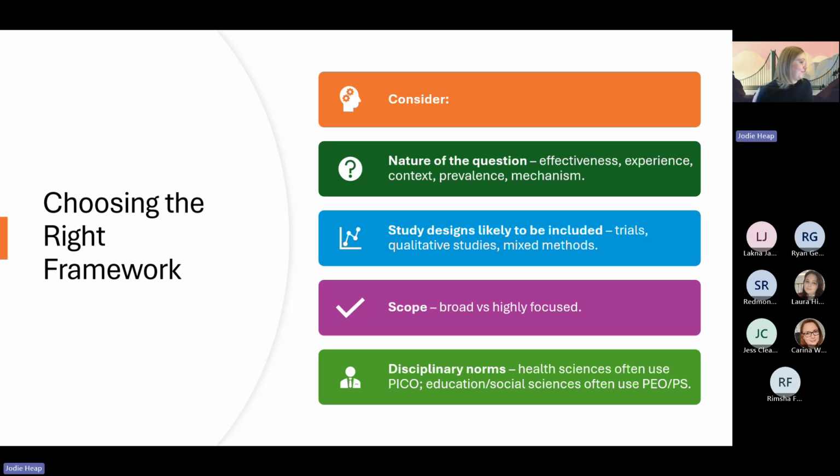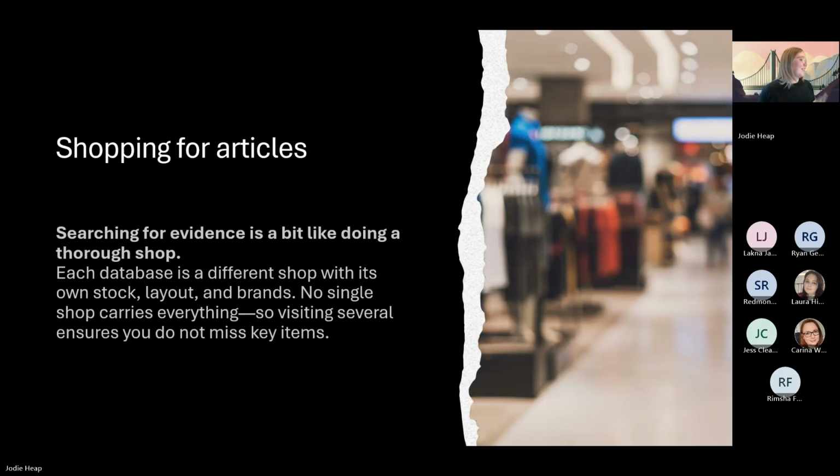Okay, so the visualization that I use when looking for articles is to think about it like shopping, because shopping is something that we all do, whether it's clothes shopping or food shopping or car shopping.